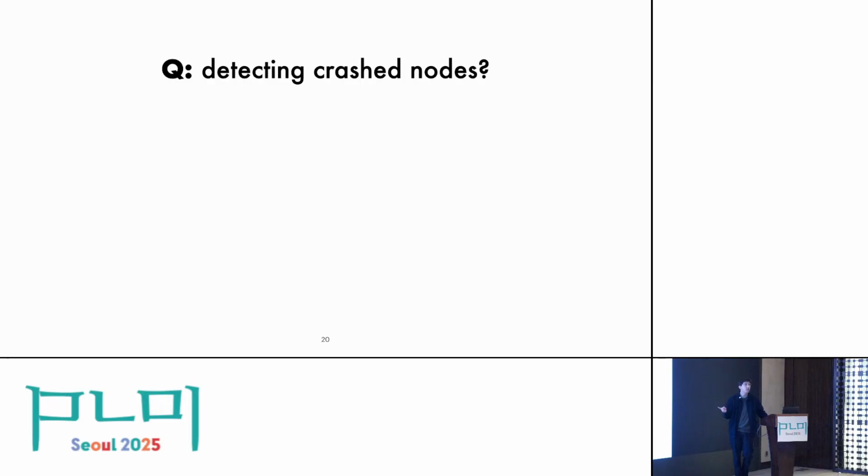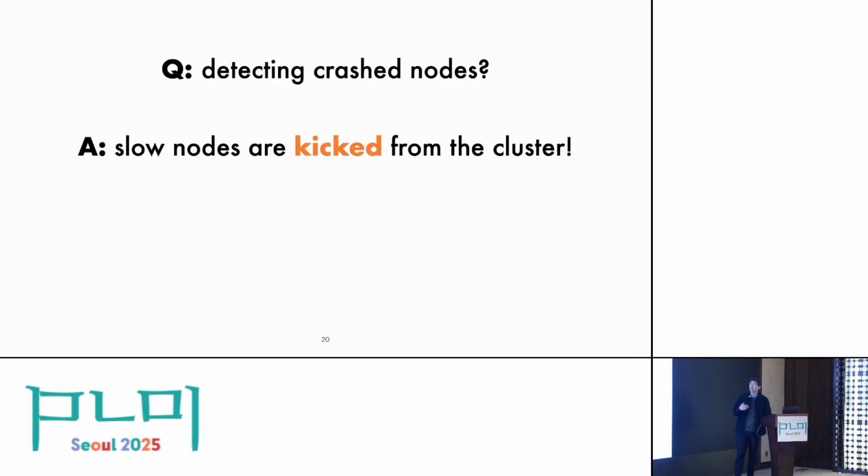Oh, and while I'm talking about actors, I might as well mention, I've been talking about detecting crashed nodes, but you might be wondering, how do we actually detect if a node is crashed? Because if a node is not responsive, maybe it's just a network partition, maybe it'll come back. Well, in practice, actor frameworks like Apache Pekko and Akka have this useful trick, which is if a node is slow for long enough, they just get kicked out from the cluster.